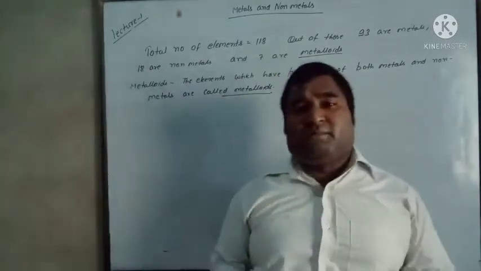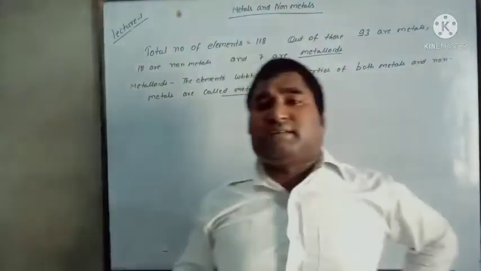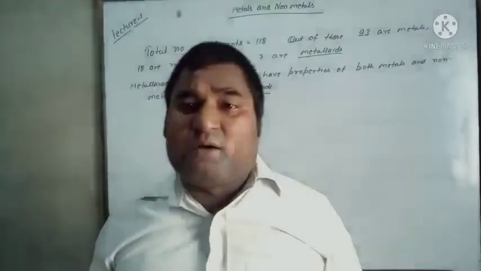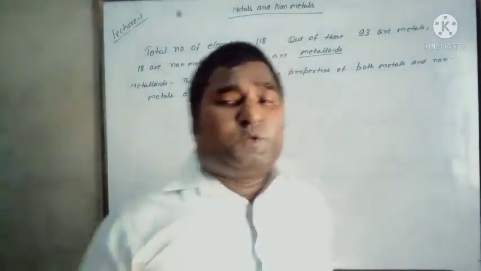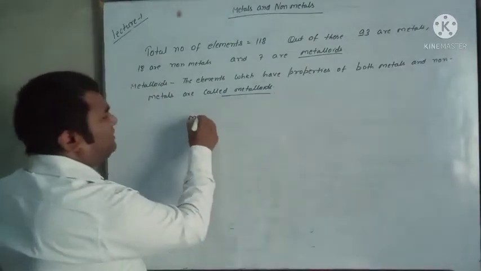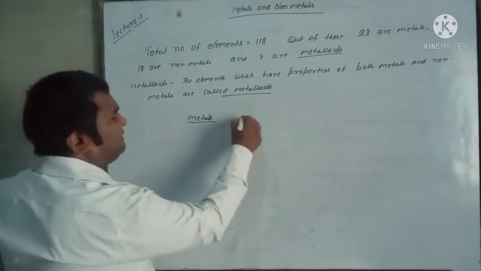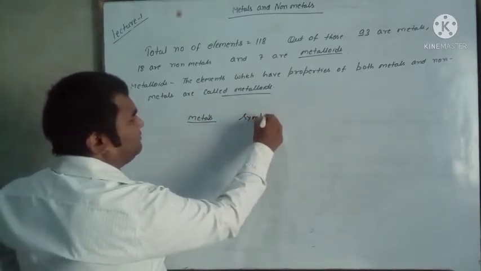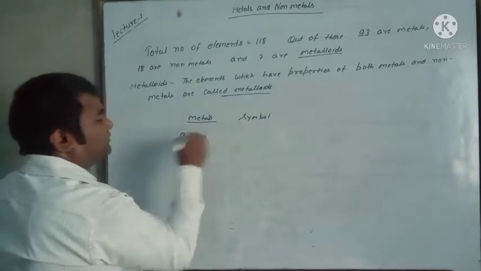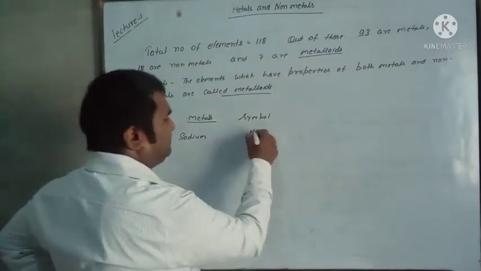First we will see some examples of metals and non-metals. Metals and their symbols: sodium is a metal, its symbol is Na.